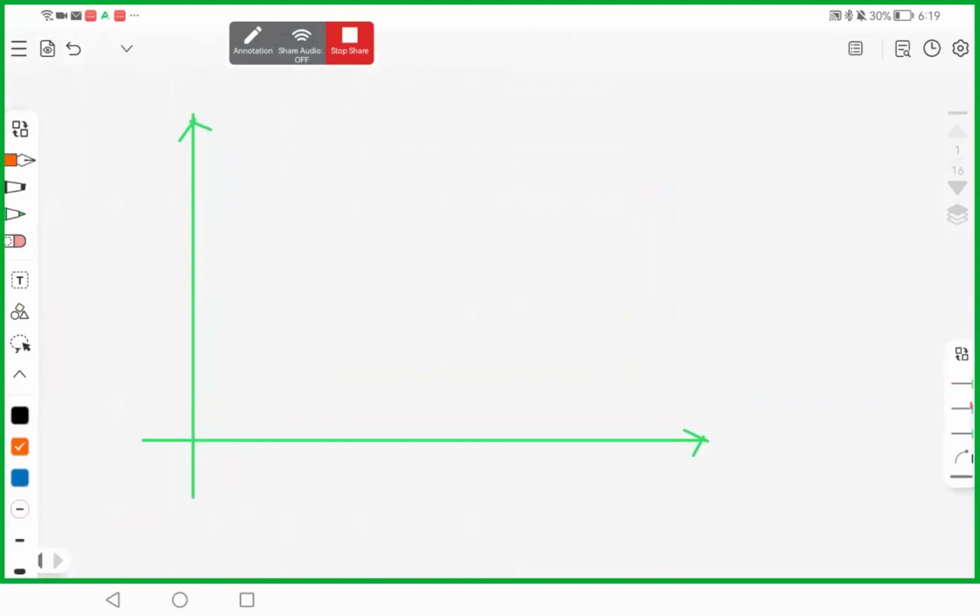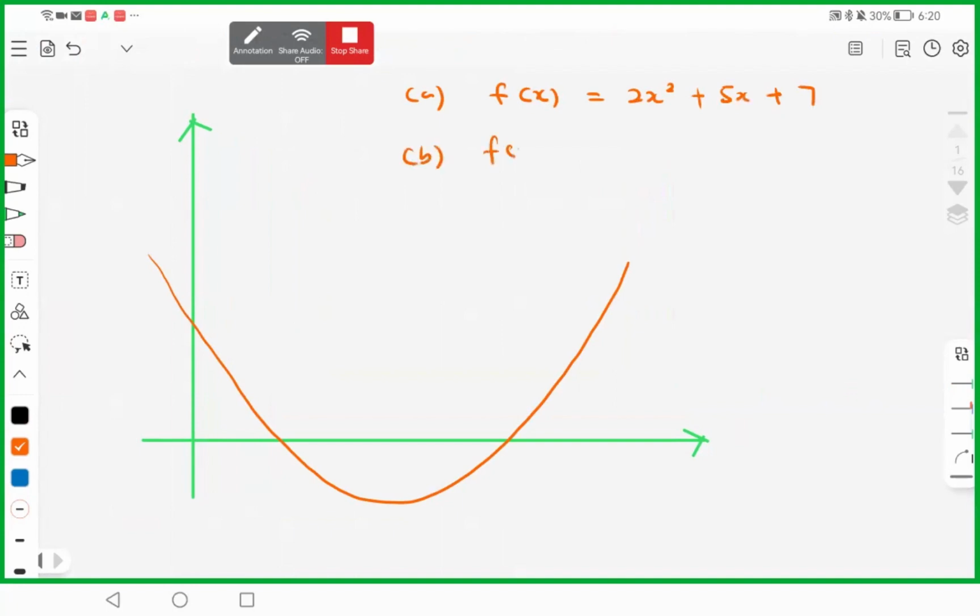So if I draw a curved line like this, can you tell me, wait, let me write down the function first. Do you think the quadratic function of this curved line, the orange color curved line, is this or this, A or B?